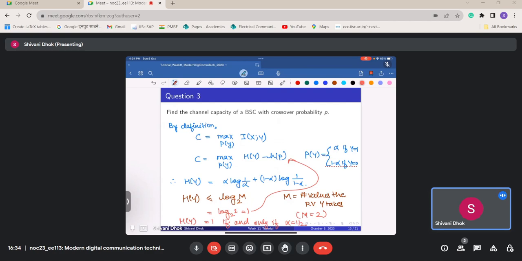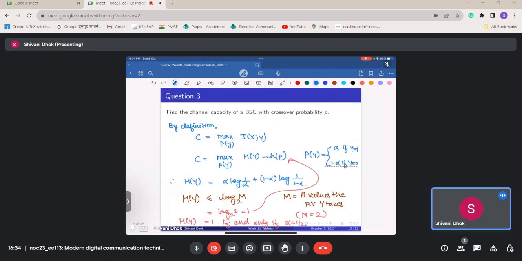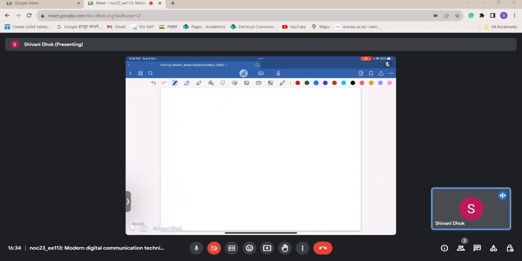So now using this information, instead of saying channel capacity, this mutual information will be maximized when we have H(Y) as 1. So therefore my channel capacity is equal to 1 minus H(p).